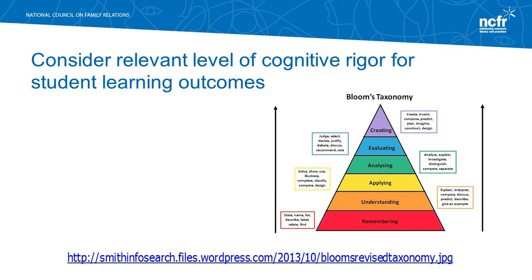I had mentioned that we would be looking at student learning outcomes or course objectives and their rigor. We hope that that is appropriate to the level of the course. On the Bloom's revised taxonomy that is diagrammed here, we are looking for remembering and understanding and perhaps application.